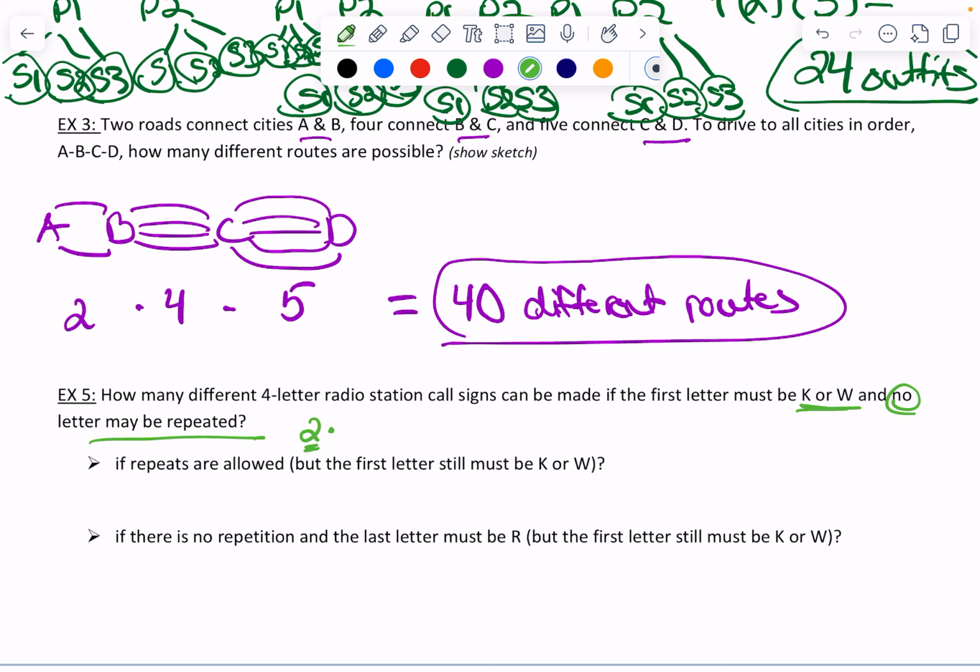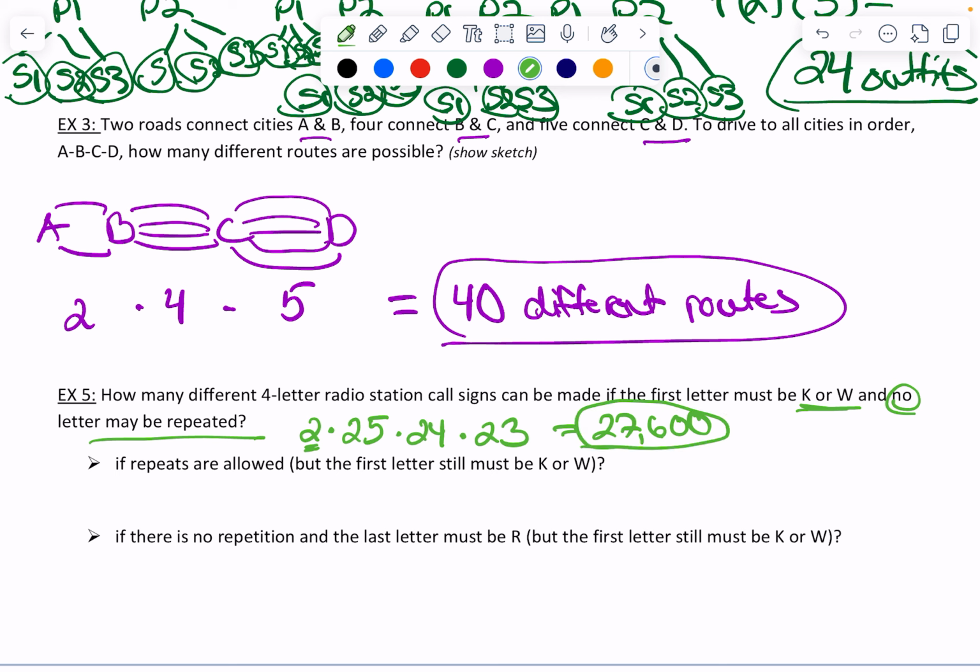The first one, either K or W, has been taken out already, so we can't use it in the next one. That means we have 25 for the next one. After that, we've taken whatever that letter is, so we have 24 left. And for the fourth letter, we've got 23 left. So this would be 26,600 different options.